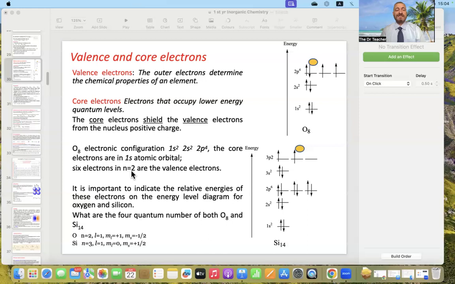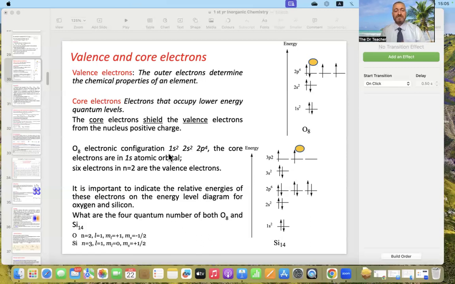The electrons in n equals 2, the main shell 2, are the valence electrons. So here, 2 and 4, 6. These are the valence electrons. The core electrons, 1s2. Valence electrons, 2s2, 2p4. Altogether would be 6 electrons.